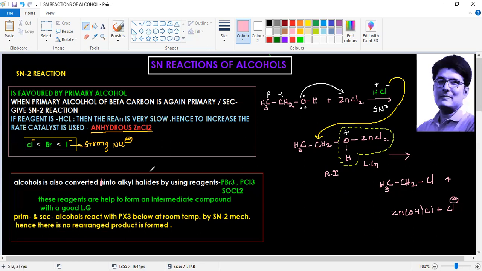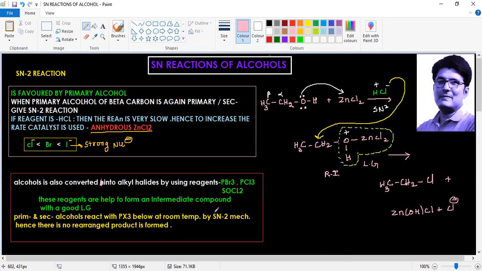Okay, next. So primary and secondary alcohols, this is the primary, and I didn't give the example for the secondary alcohol, and you know better. So when the primary and secondary alcohols react with PX3, like PBr3, PCl3 or PI3, below room temperature, it goes by the Sn2 mechanism.